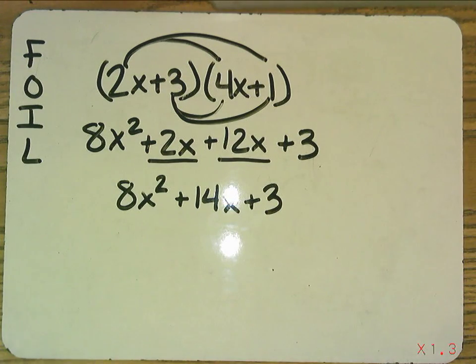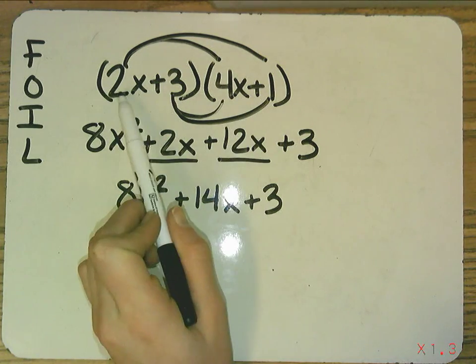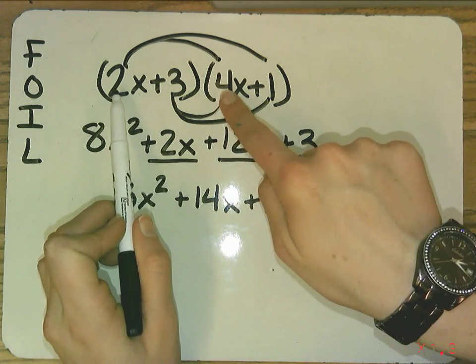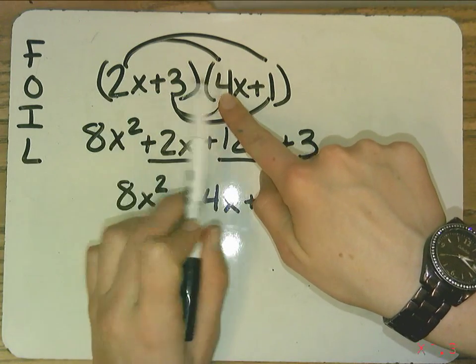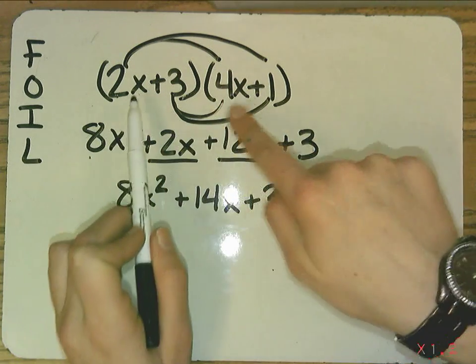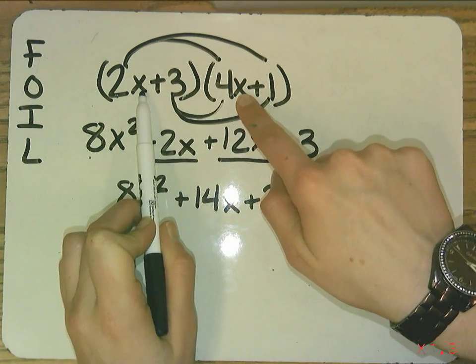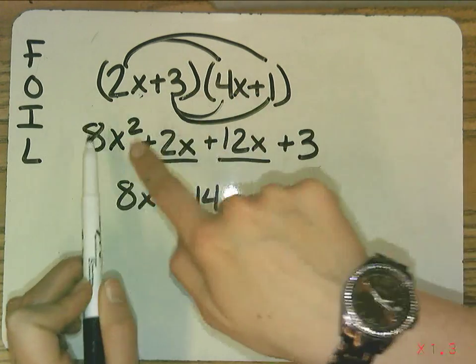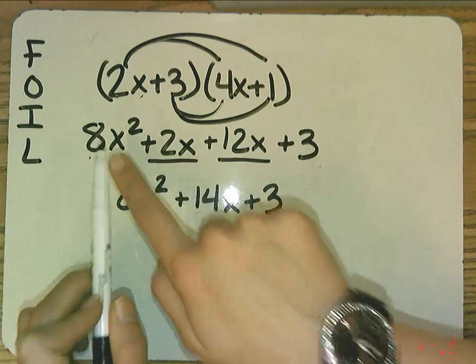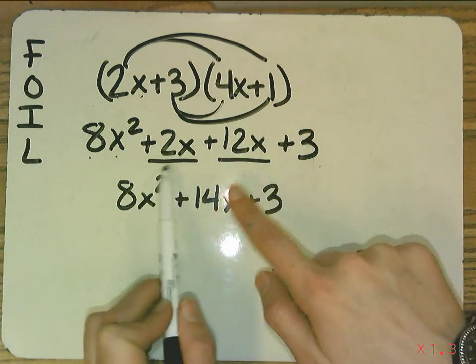A really important thing to remember when you're multiplying polynomials is that when you're multiplying two terms, you multiply the first numbers, so 2 times 4 gives me an 8, and you add the exponents when they have the same variable. So here I have x times x, that would be x squared. Here, I'm combining like terms.